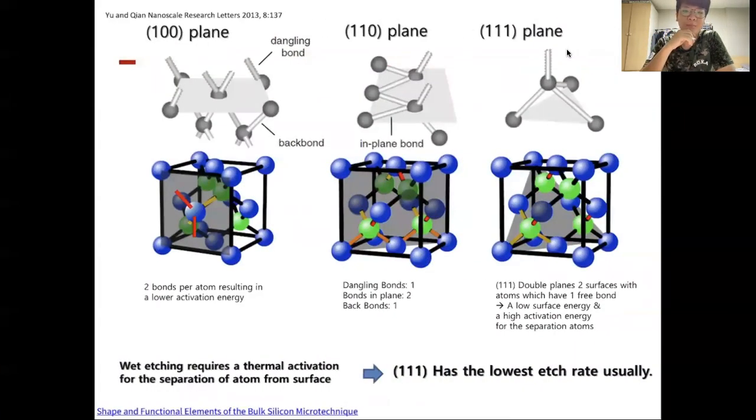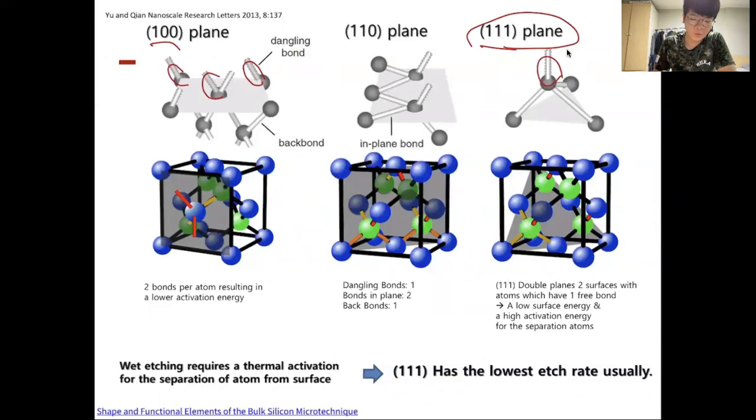On the 111 plane, the silicon has the minimum dangling bonds. So in the 111 plane, it is highly connected, so it is hard to remove. However, in the 100 plane, there are a lot of dangling bonds, so it is easy to remove from the Si surface.